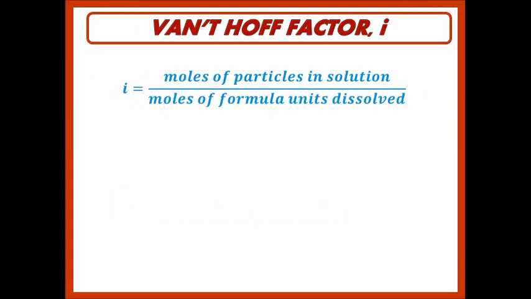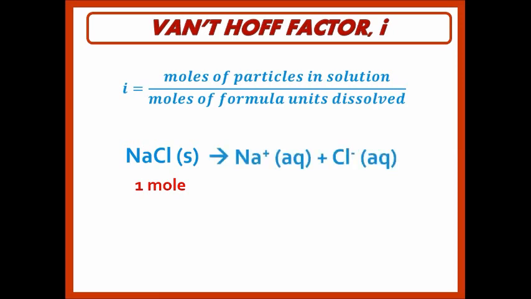i specifically is the moles of particles in the solution over the moles of formula units dissolved. For example, if we consider a strong electrolyte such as NaCl dissolved into solution, this molecule is going to break up into its counter ions of sodium and chloride, and so we have both Na+ and Cl- in solution.